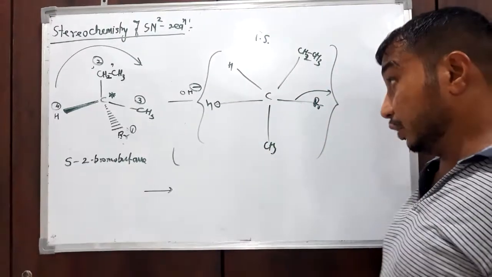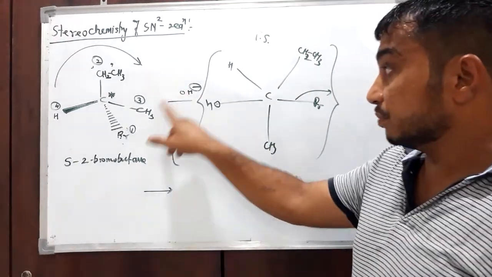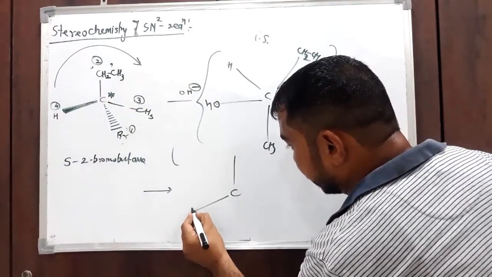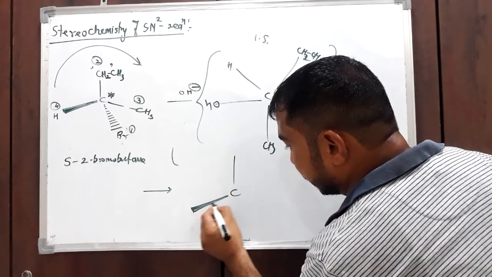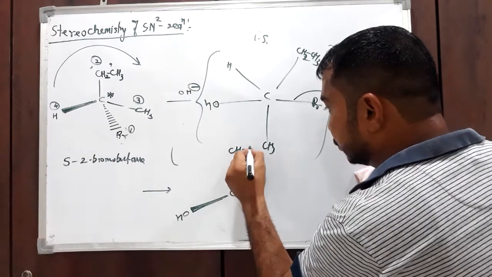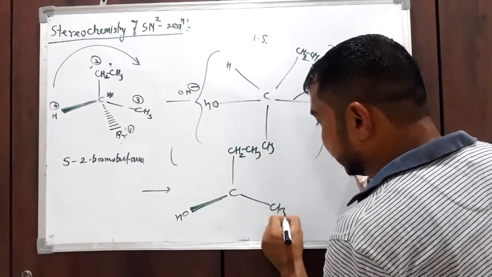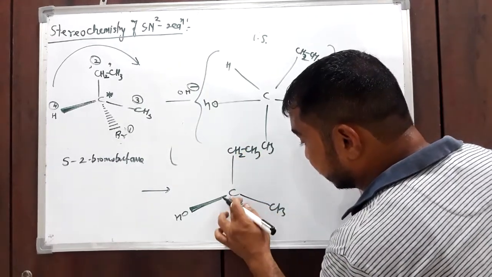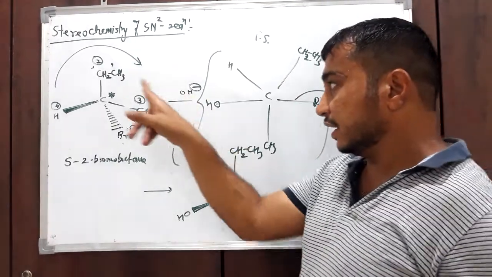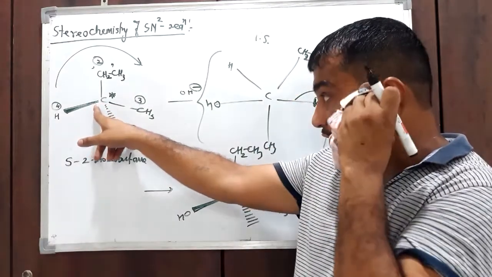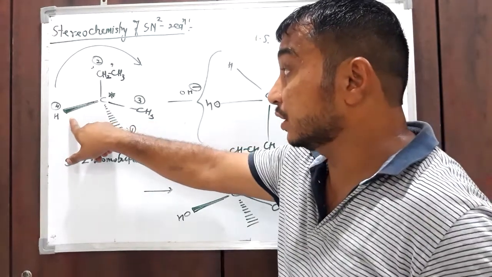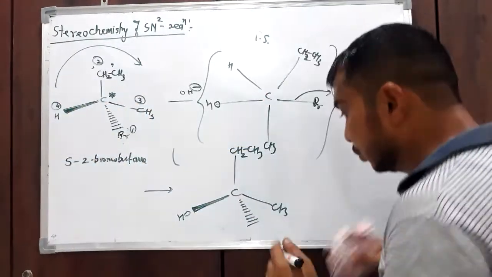See, during the approach of the OH minus ion, this OH minus approaches from the front side. Therefore, it will be on this side, right? The CH2CH3 remains as it is, and when this OH minus ion attacks this carbon from the front side, this OH minus ion pushes this hydrogen to go on the back side.